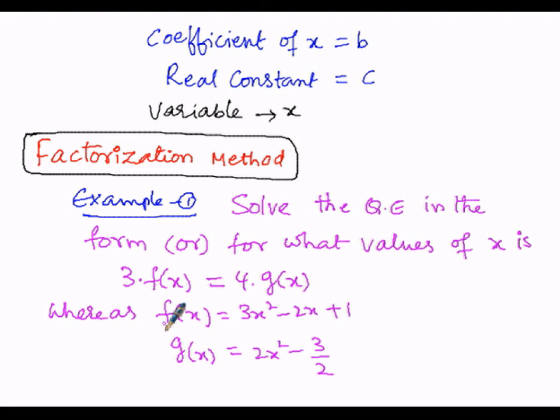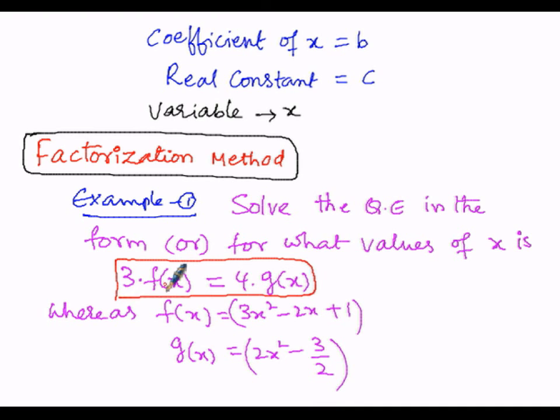There are two functions, two algebraic expressions, or two quadratic polynomials. The first one, f of x, is 3x square minus 2x plus 1. The second quadratic polynomial is 2x square minus 3 by 2. But the condition given for us is 3 into f of x equals to 4 into g of x.